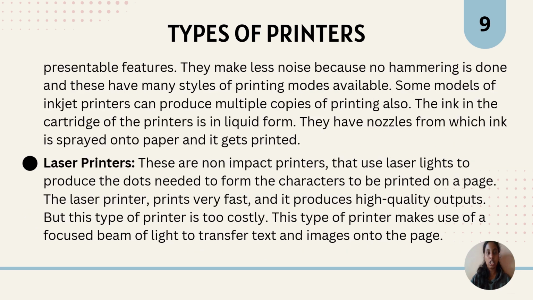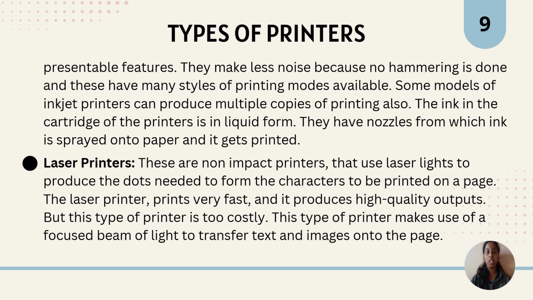They make less noise because no hammering is done, and they have many styles of printing models available. Some models of inkjet printers can produce multiple copies of printing also. The ink in the cartridge of the printers is in liquid form. They have nozzles from which the ink is sprayed onto the paper and it gets printed.